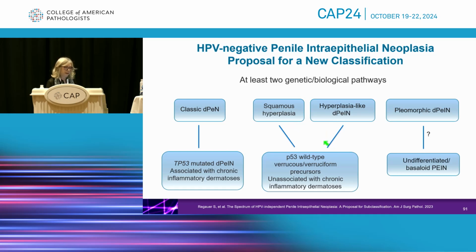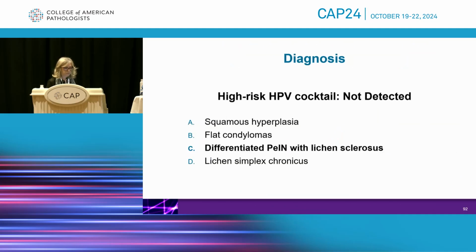So these are more thickened lesions that are next to more aggressive lesions, but you don't know what to do with them in the end. And then there is this undifferentiated basaloid PIN. Could this be what we used to call pleomorphic PIN? I'm not entirely sure because pleomorphic PIN really isn't basaloid. So there is more to learn from these lesions.